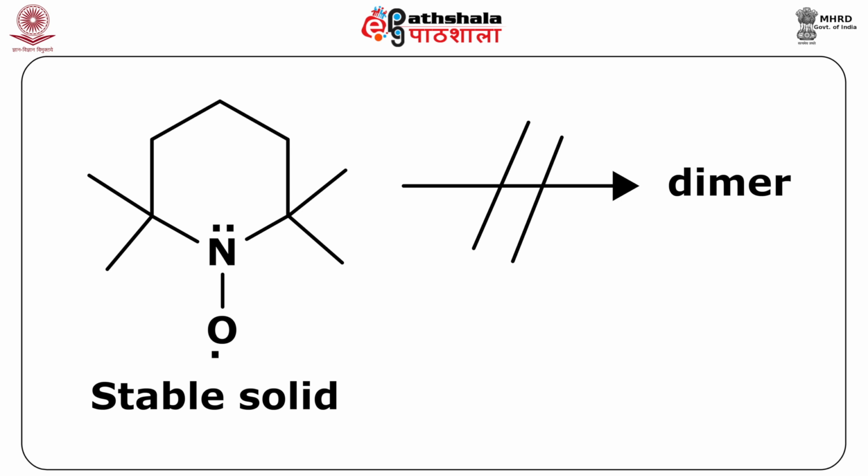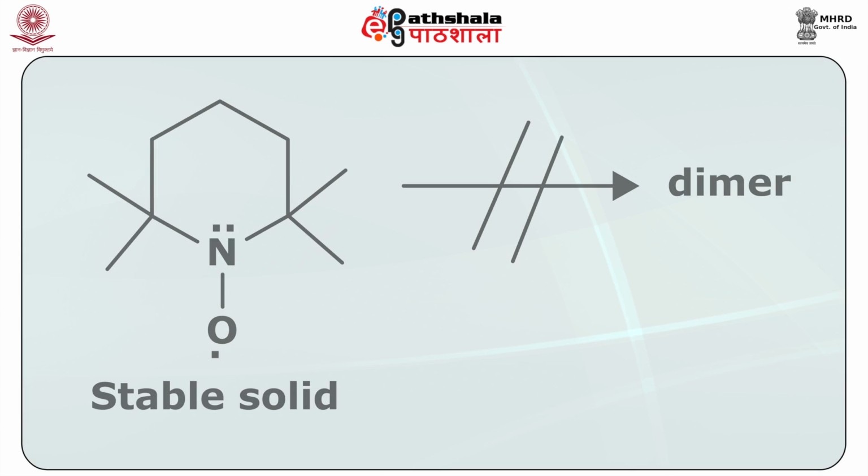Further, the radical is substantially stabilized by 3 electron bonding. So, this you can see here is the structure of the TEMPO radical, and because of the positioning of this radical, the steric hindrance, you can see, does not allow dimer formation.